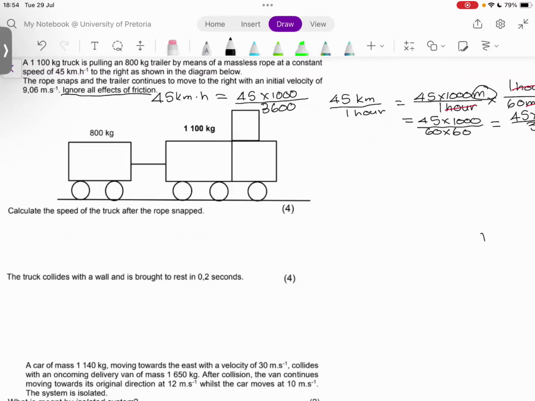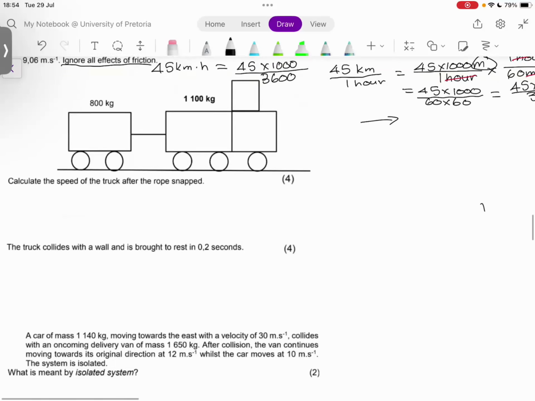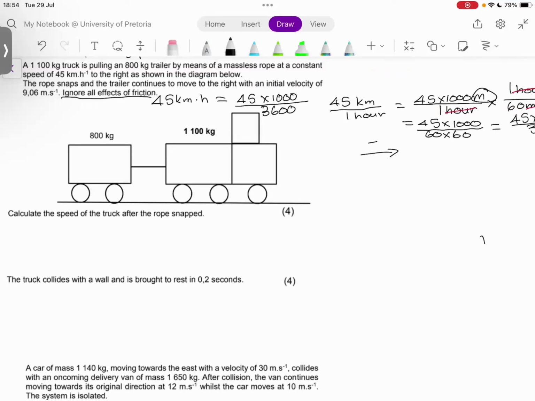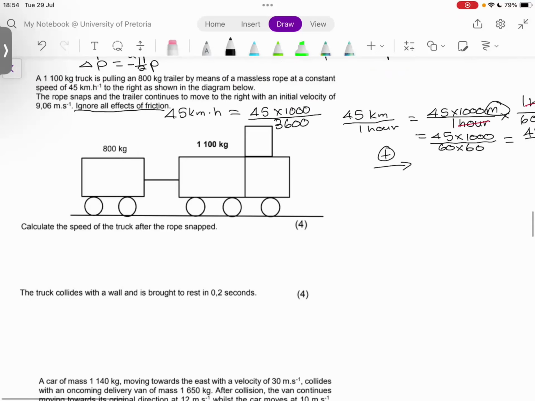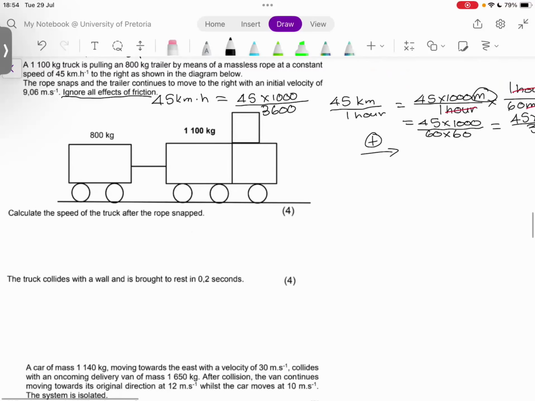First of all, let's define our convention. Let's just set right as positive. This then makes this 9,06 meters per second, my apologies, positive. So I'm going to write 9,06 meters per second to the right.